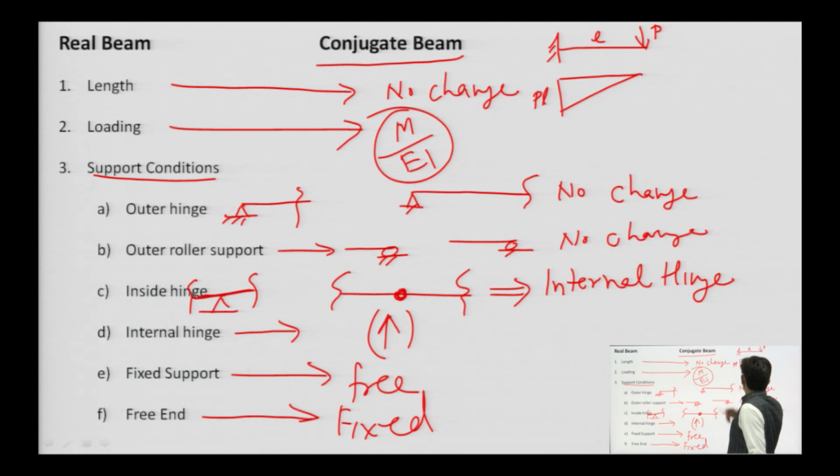If we put the load on the conjugate beam, we will have this type of loading, and it is PL upon EI.